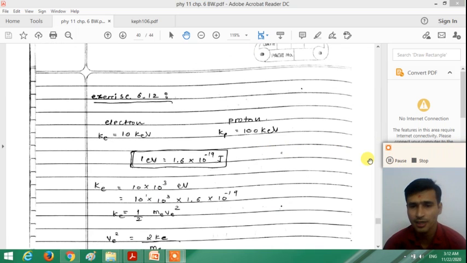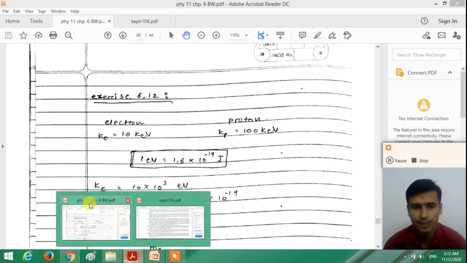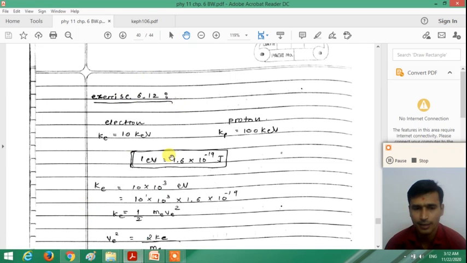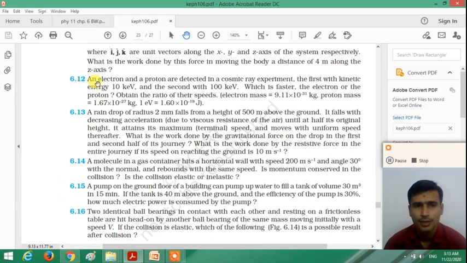So here a similar example is given in exercise 6.12. Let us see the statement of the example. Exercise 6.12. An electron and a proton are detected in a cosmic ray experiment. The first with kinetic energy 10 kilo electron volt and the second with the energy 100 kilo electron volt.